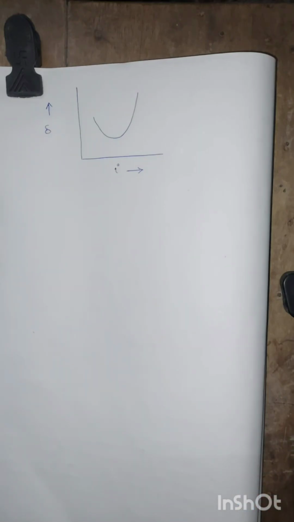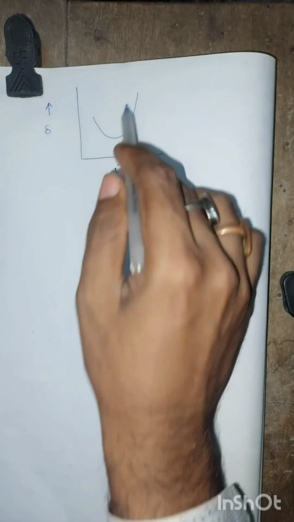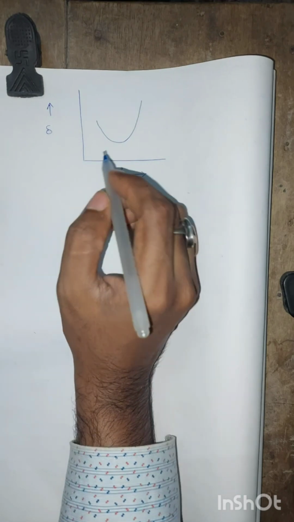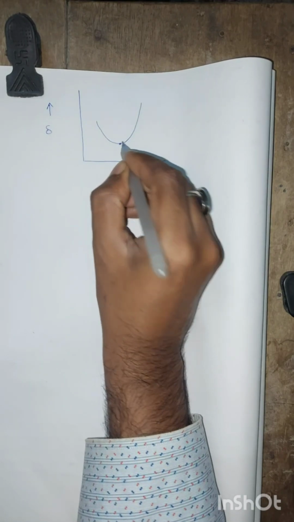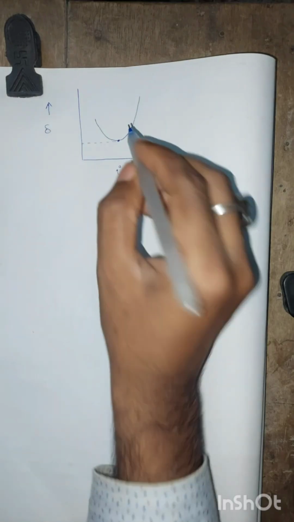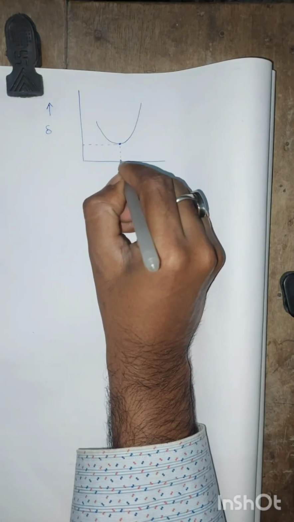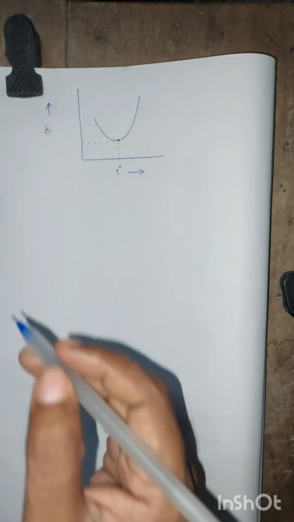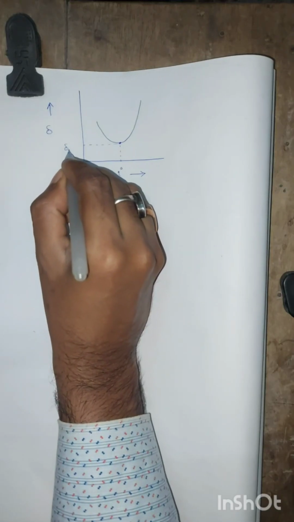For different angles of incidence, we will get different delta, and if we plot those values on graph paper, we will get this kind of curve where we are getting a minimum value of delta corresponding to a specific angle of incidence. This value of delta can be called delta min.